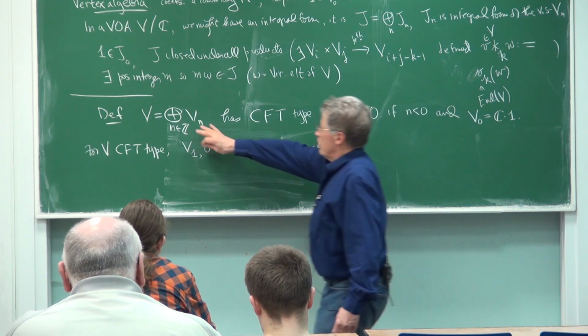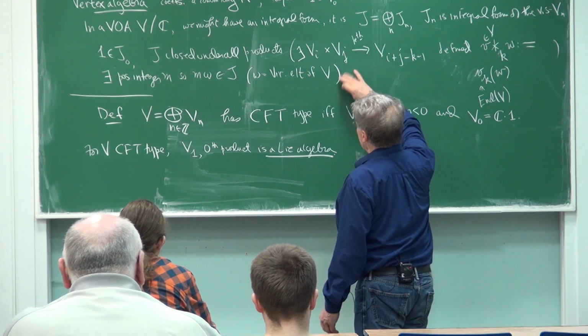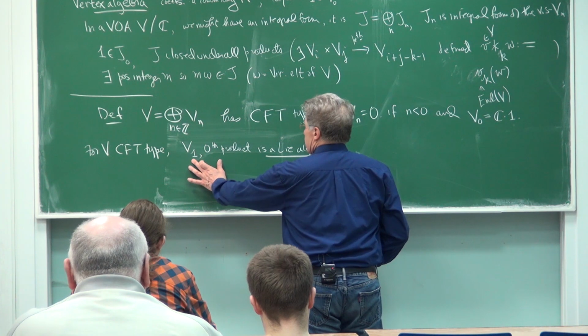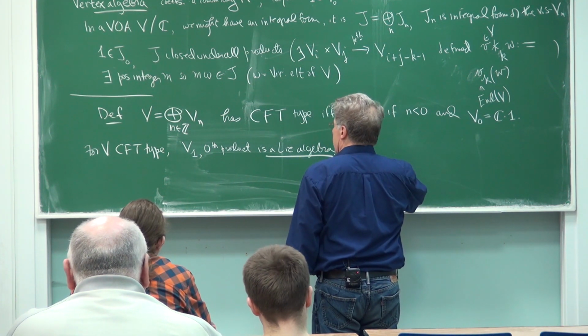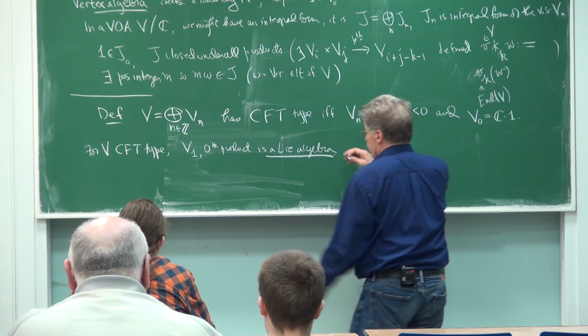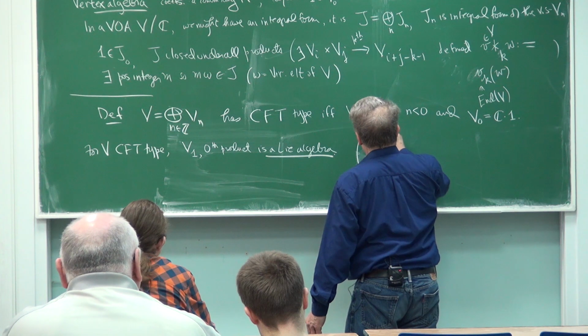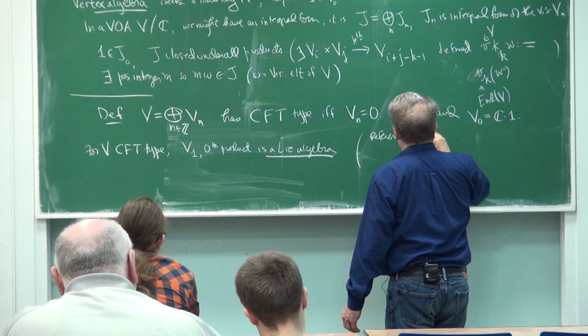You've got this very complicated infinite dimensional graded space and an infinite number of products going on, but we get something that's very familiar. And I won't prove this. There are some good references, the book of Frenkel, Lepowsky, Meurman.